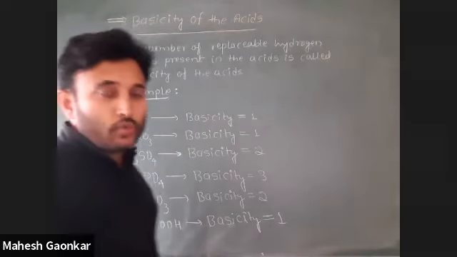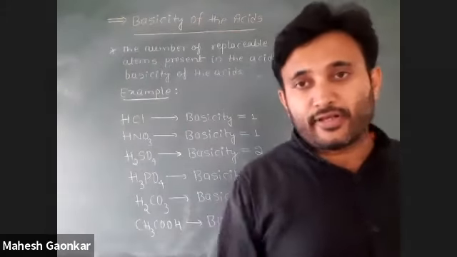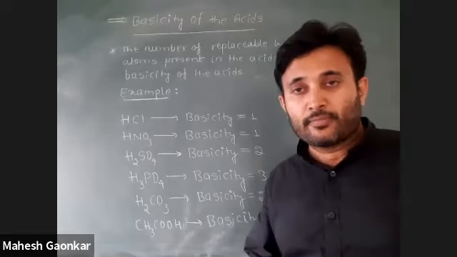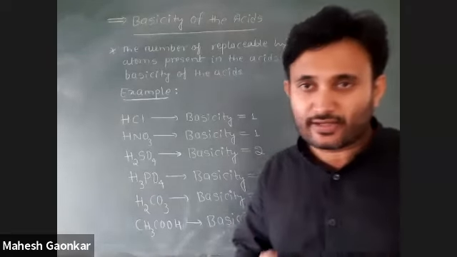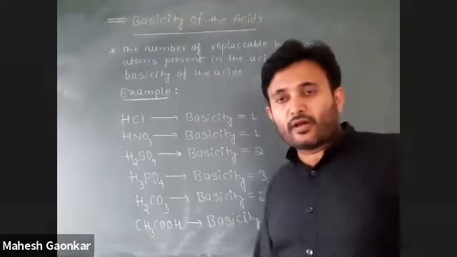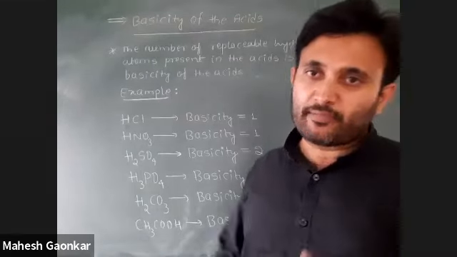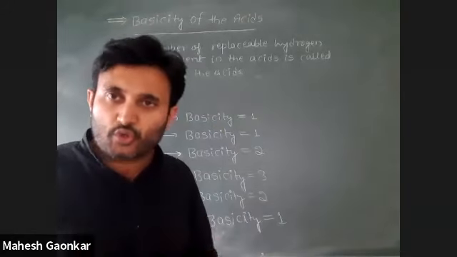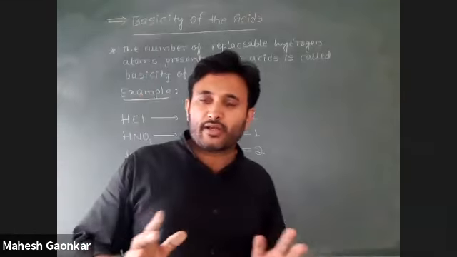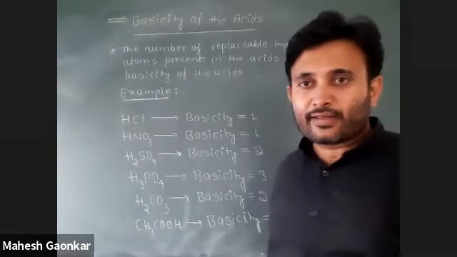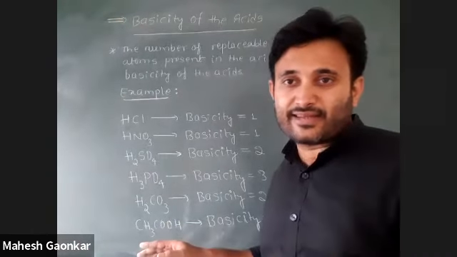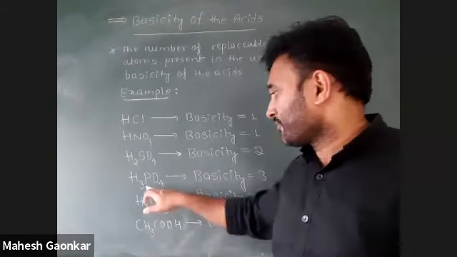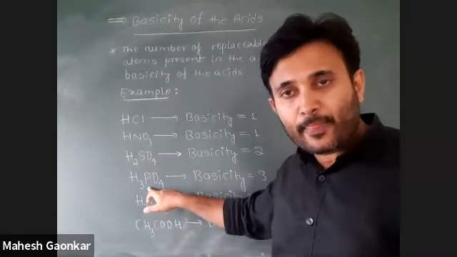So what is basicity? It is the number of replaceable hydrogen atoms present in the given acid. If there is 1 replaceable hydrogen atom, basicity is 1. 2 replaceable hydrogen atoms, basicity is 2. 3 replaceable hydrogen atoms, basicity is 3. Example for tribasic acid: phosphoric acid.